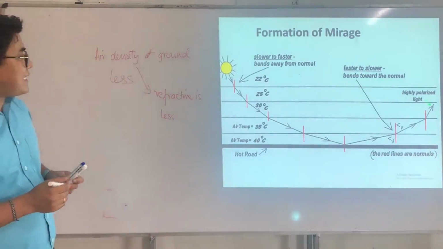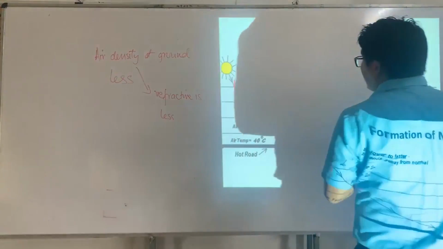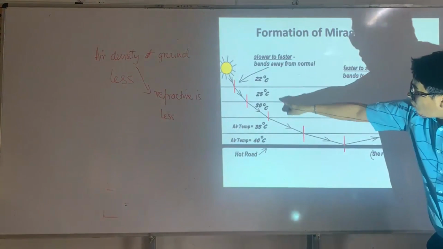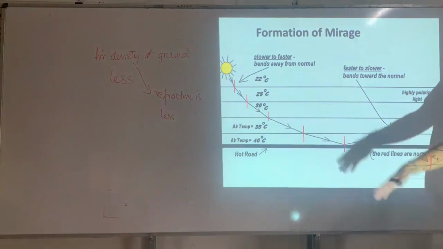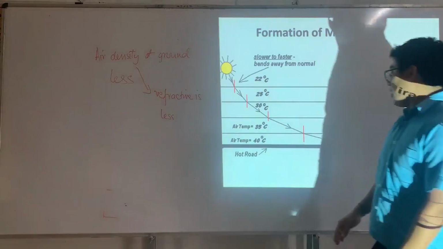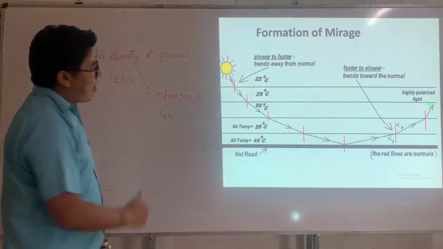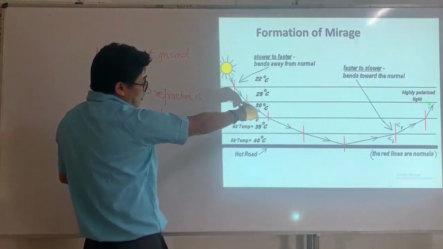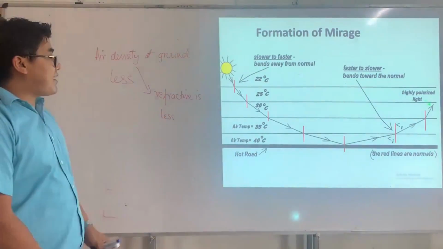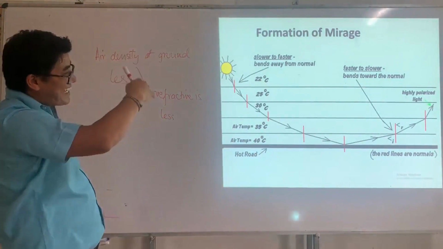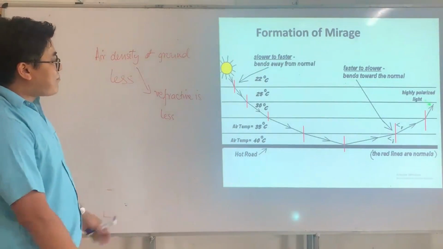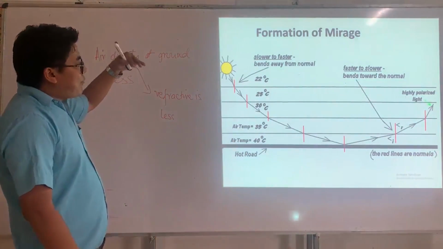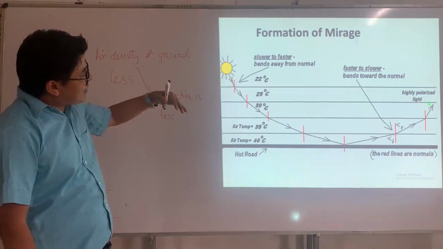So now you find changes of refractive index along the layers of atmosphere above the ground. As you go down towards the ground, refractive index starts decreasing. That means light now starts traveling from denser to rarer, right?